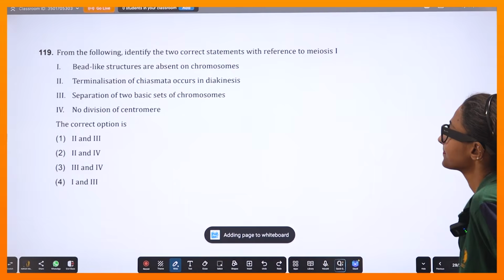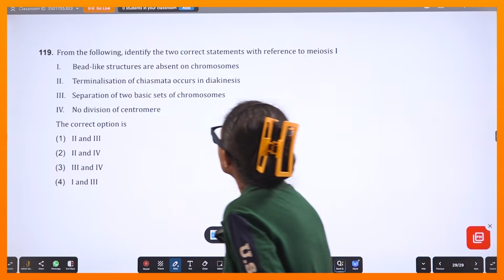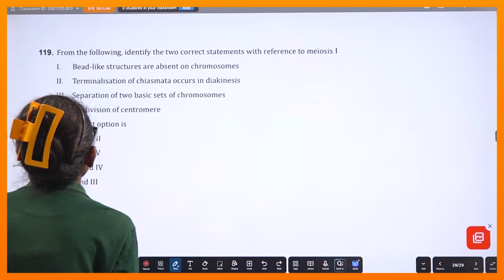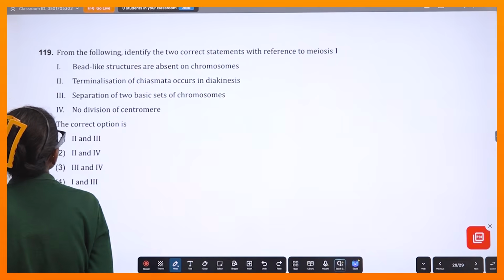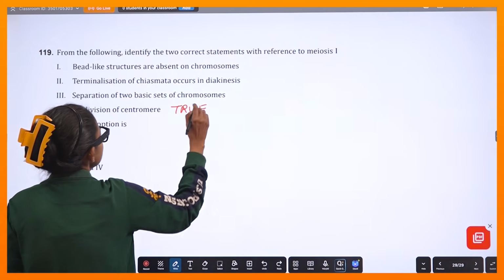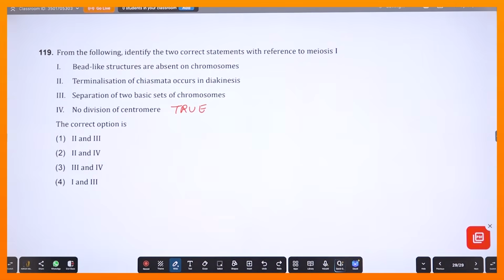All right. From the following, identify the 2 correct statements with reference to meiosis 1. No division of centromere. True, because the centromere divides in anaphase 2. Separation of 2 basic sets of chromosomes.